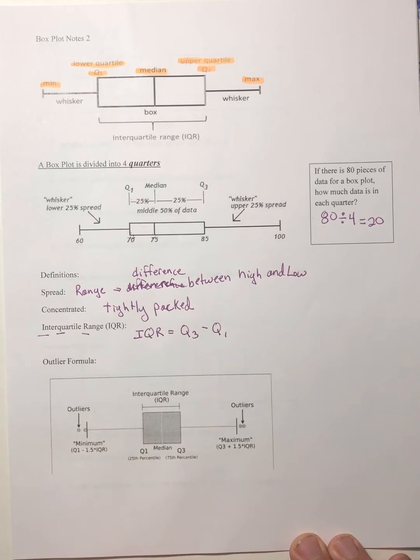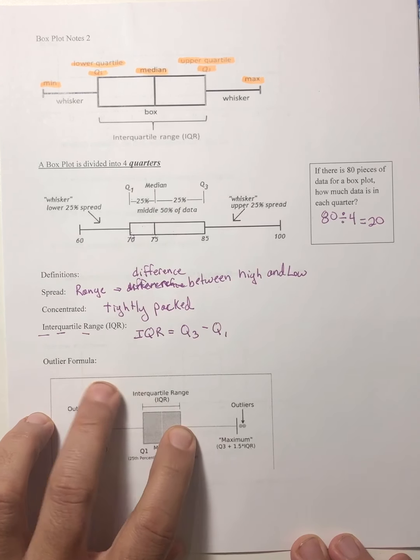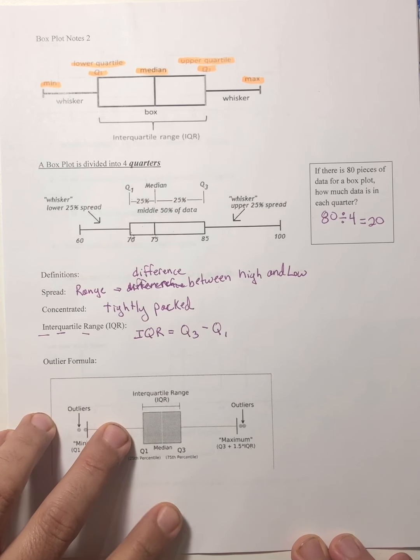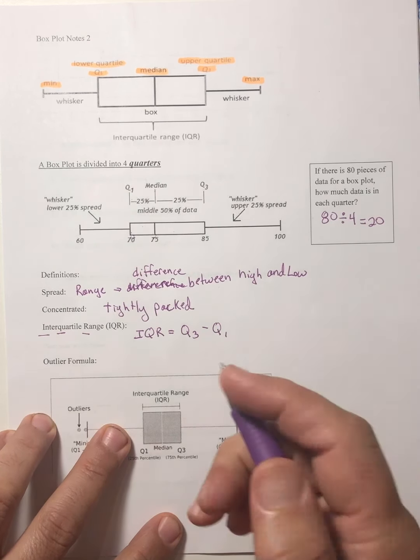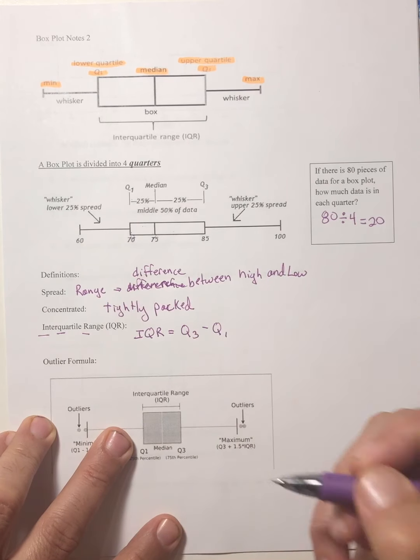Now we pick up a new formula called the outlier formula. First, let me tell you what the outlier formula is.